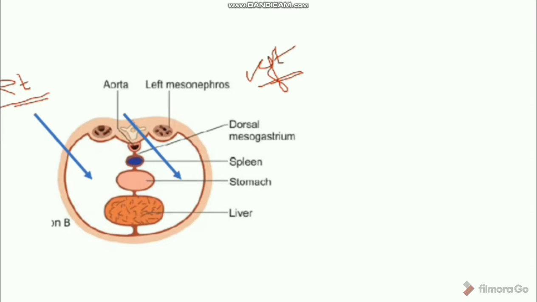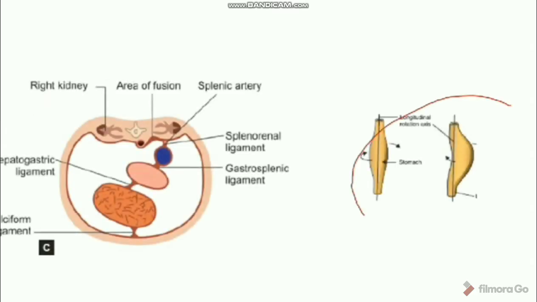Okay, now let's see what happens next. Now look at this diagram in here. The stomach tube undergoes many rotations to finally come to the adult position in your body. So this tube doesn't stay as it is. First of all, it rotates along a longitudinal axis about 90 degrees in a clockwise direction. So clockwise direction for the stomach standing over there will be on this side.